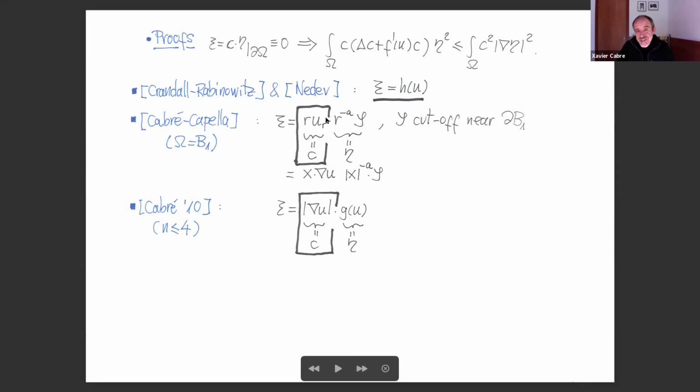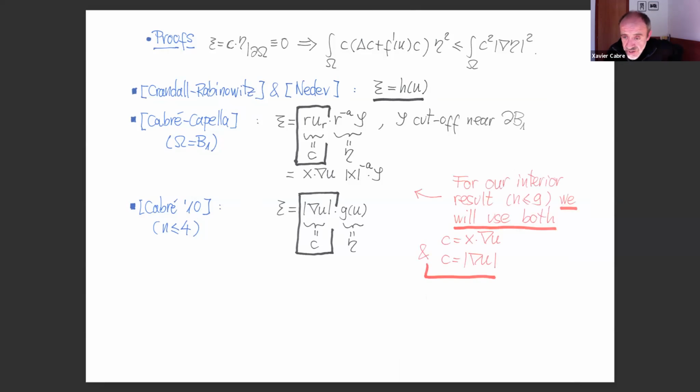So in the radial case, UR is either X grad U, but it's also the modulus of the gradient, okay? But in the non-radial case, up to this year, 2010, so 10 years ago, there were two test functions used: the one of Crandall-Rabinowitz and Nedev, and this one, modulus of gradient U, all right?